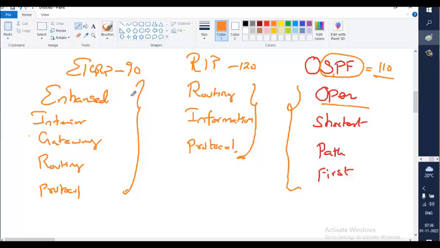The default is this. You can change the RIP number to 10 and the OSPF number to 200 and the EIGRP number to 150. You can change. Now RIP is more preferred because it is only 10. So this is just the default. They have put this number. Based on this number, don't judge.